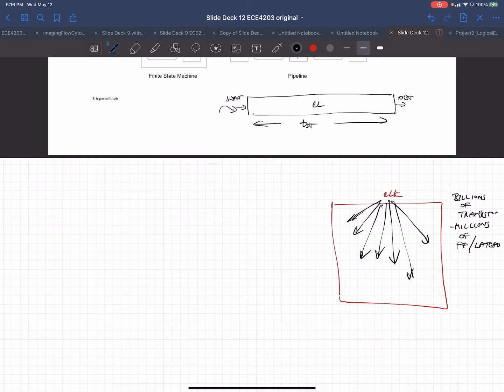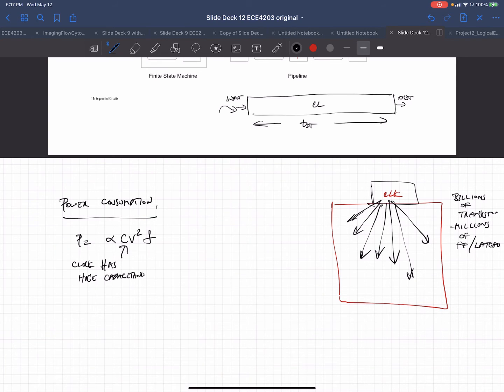This clock is always the most loaded node in your circuit from a capacitance standpoint. So when you look at the power consumption, if you remember, it is alpha C V squared F. The clock has a huge capacitive load, since it's going to all these sequential circuits.